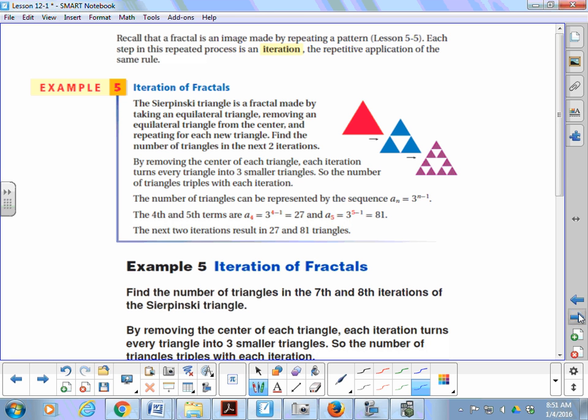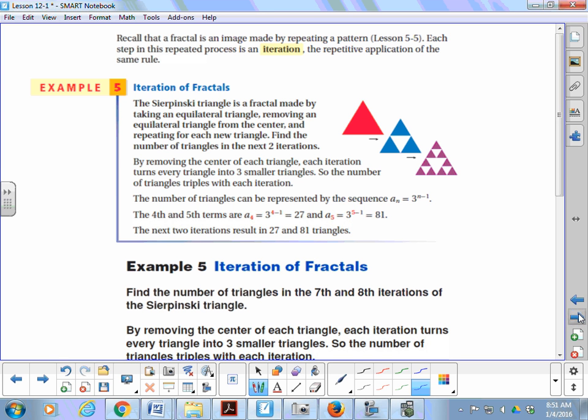If we remove an equilateral triangle from each of those 3, we now have 9 of them. Because this one triangle became 3 triangles. This triangle here became 3. This one here became 3. And that one there became 3.